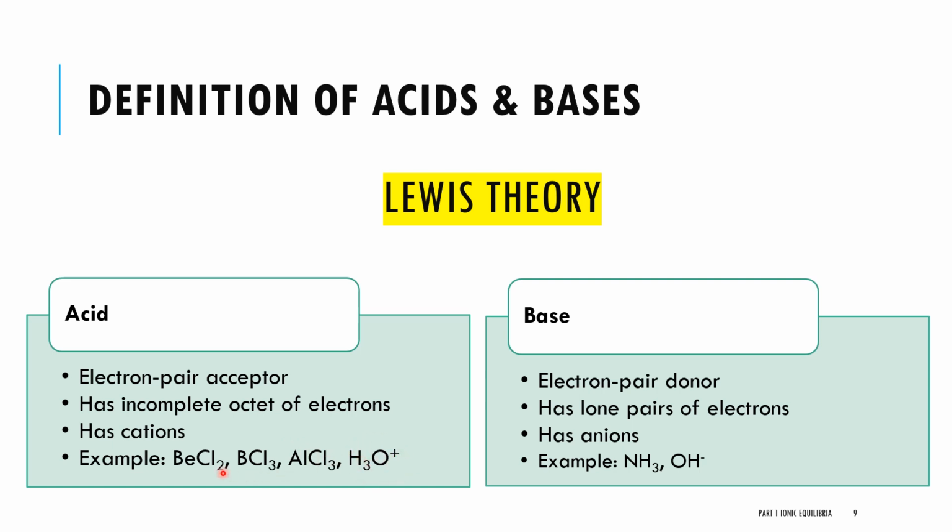So all of these are Lewis acids. Meanwhile, a base refers to a substance that is an electron pair donor, has a lone pair of electrons, and also anions. So ammonia has a lone pair on the nitrogen, and hydroxide ion has a negative charge. These two are examples of bases according to Lewis theory.